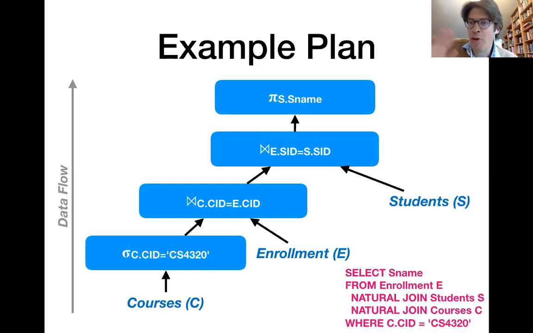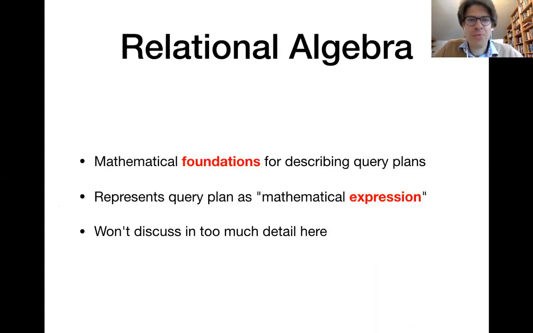Later in the course, we will also discuss transactions, which might actually update your data. There are a couple of new issues that arise in this context, so we will discuss that. For the moment, we only discuss queries that analyze your data. Great question. All right, so this is an example query plan that I wanted to show you.